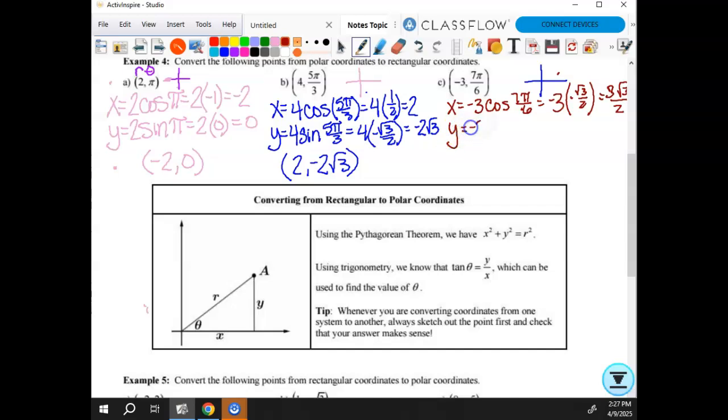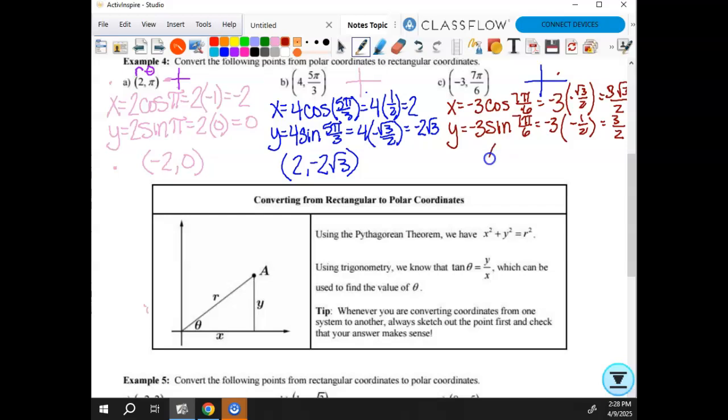So y is equal to -3 sine of 7 pi 6. So that's -3. And then what is the sine of 7 pi 6? -1/2, right? So then that gives me +3/2.